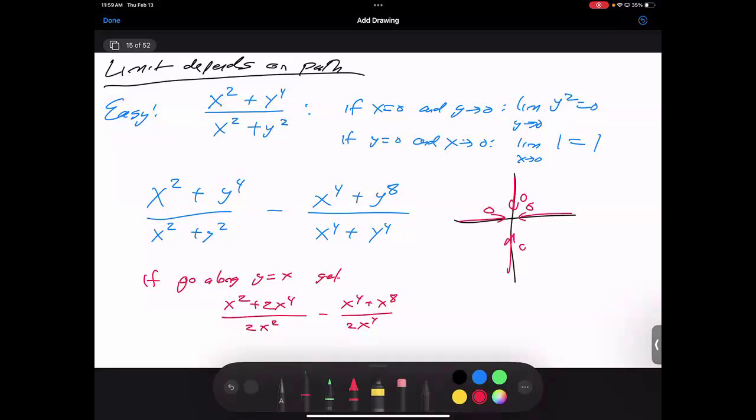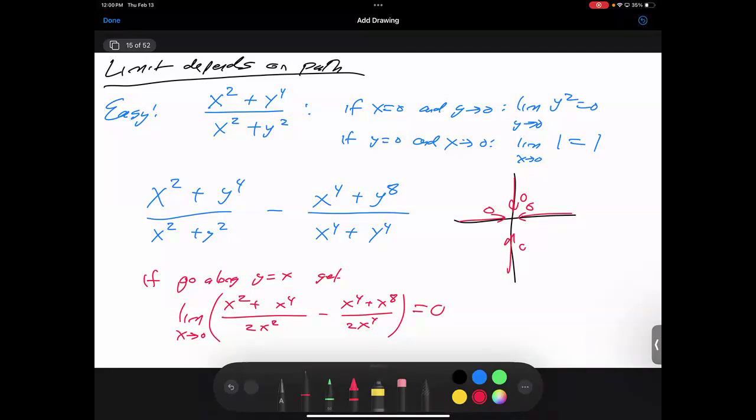Oh, sorry, that should just be x to the fourth. Sorry, thank you. And we just take the limit as x goes to 0. So what would we get here? So we get 0. So along the line y equals x, we get 0. So we haven't made any mistakes, correct?